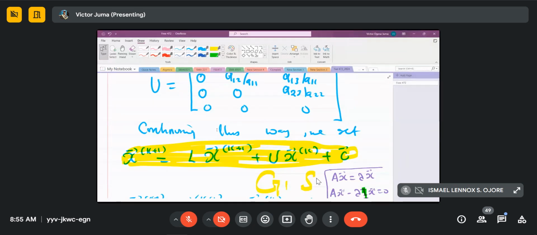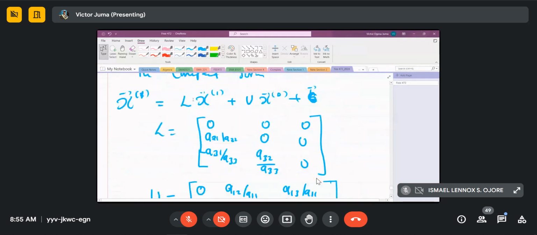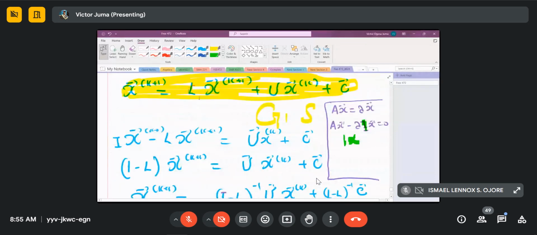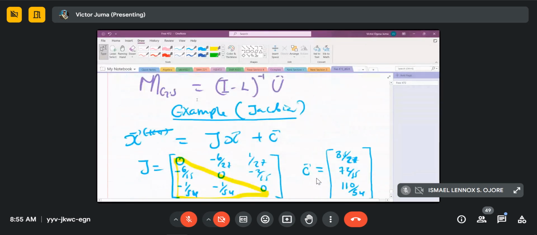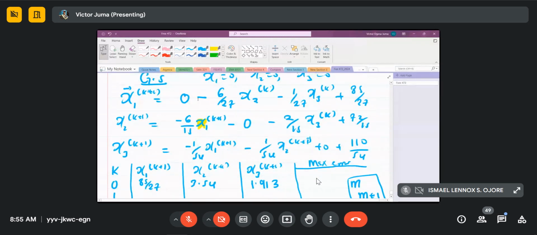Okay, look at the first expression. We had x1 of k plus 1 is equal to 0, and then we had 6 over 27 into x2 of k.